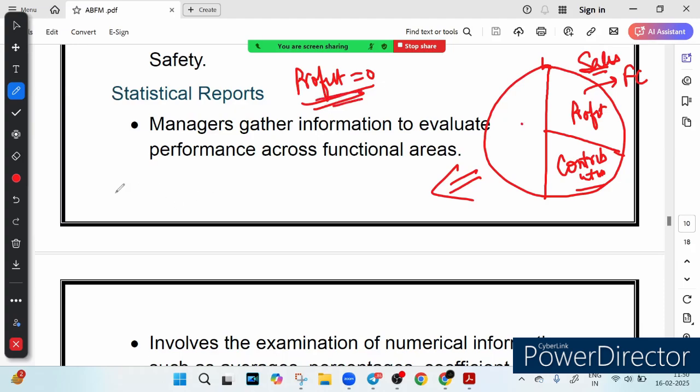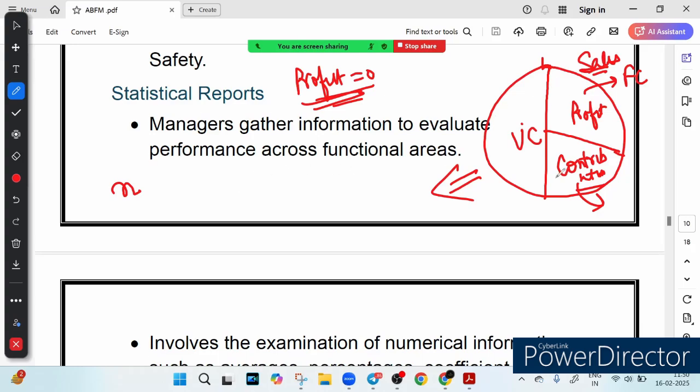So suppose n is the break even point, and this is what we call contribution per unit, right? So contribution is what? Sales minus variable cost is called contribution. So the formula for break even point is fixed cost divided by selling price minus variable cost. Quite simple to understand, right?